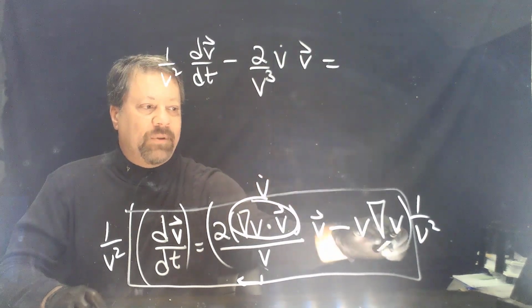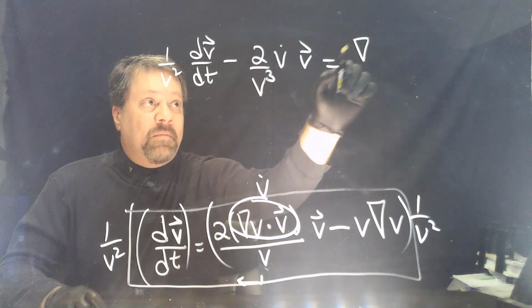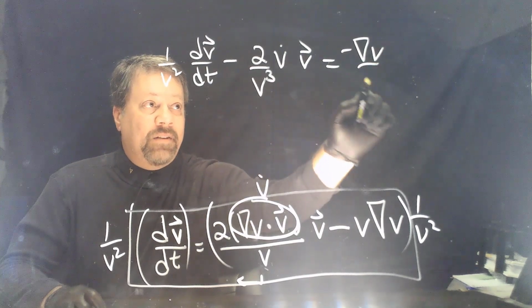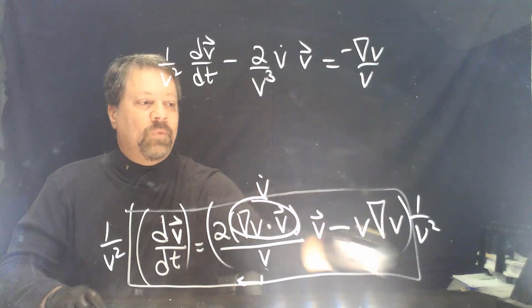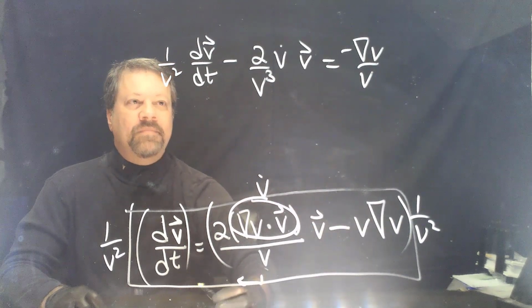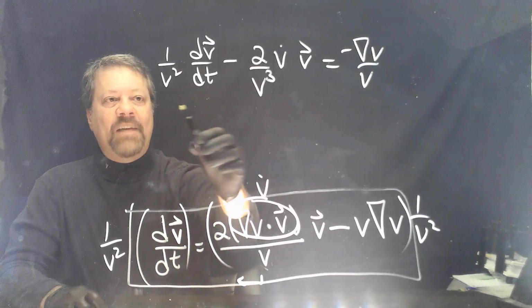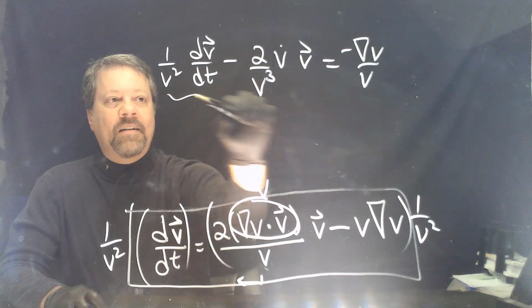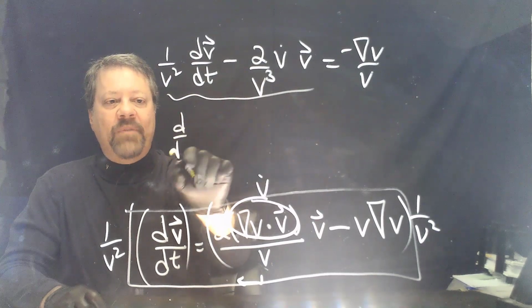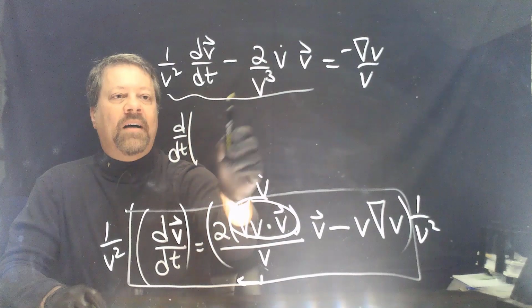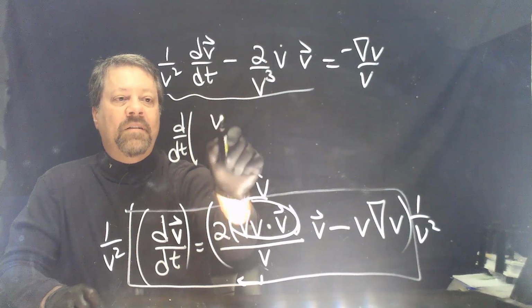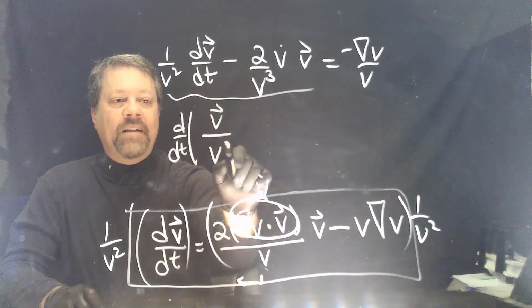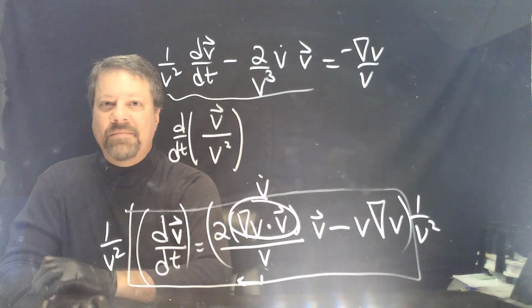That's still equal to this minus grad v over v. We'll cancel one of the v's here. On the left-hand side, what we end up with is something that we can rewrite as the time rate of change of v divided by v squared.